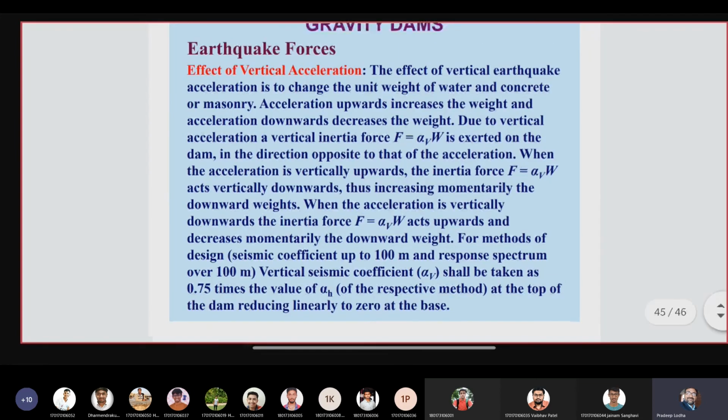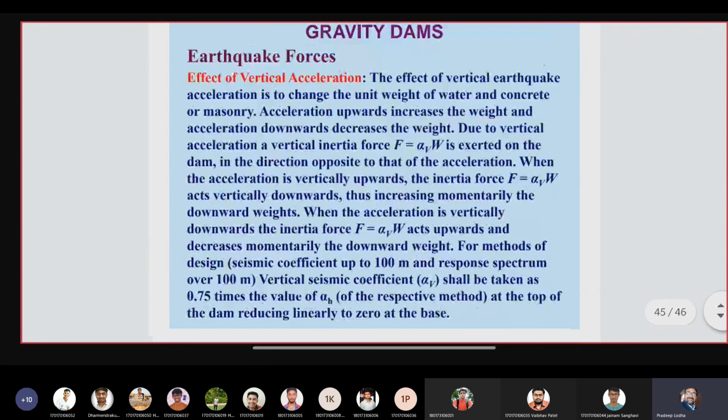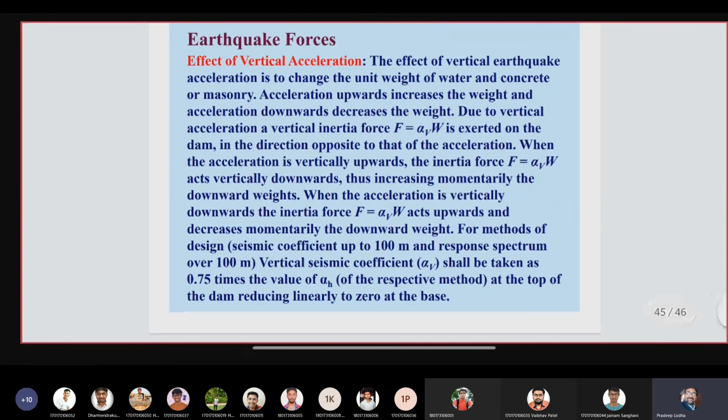Okay, so at this point I stop my explanation: vertical acceleration alpha V is equal to 0.75 alpha h. Alpha h we have seen earlier can be calculated with two methods, the seismic coefficient method and the response spectrum method, and the same is taken into the calculation of the total earthquake forces acting upon the dam.